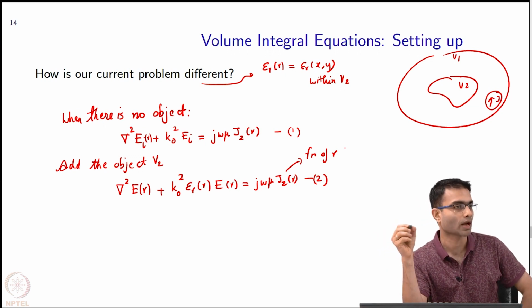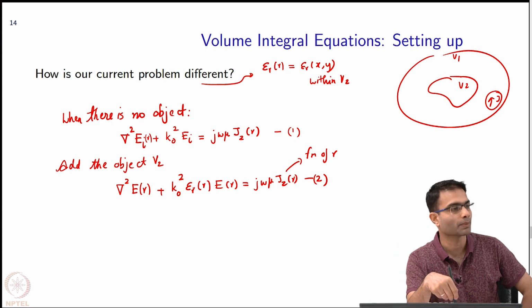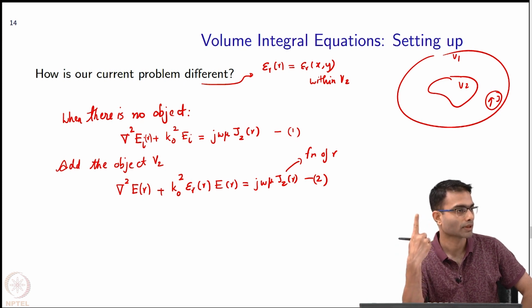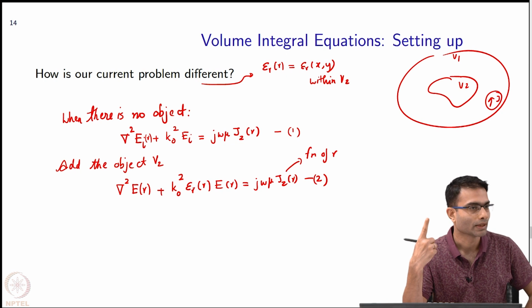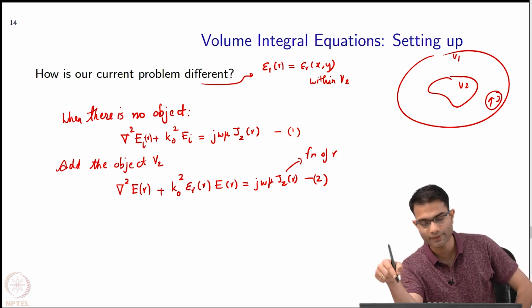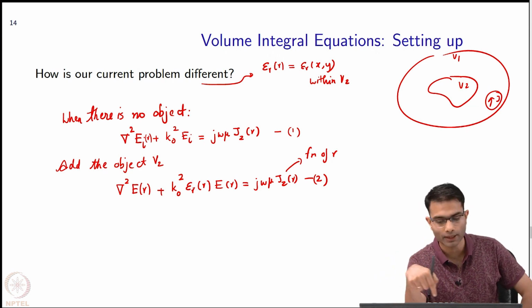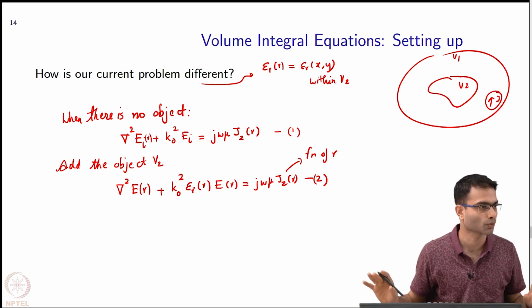Wherever you are asked to evaluate this, take a value of r, let us say r is in V1, then what will happen? Then the relative permittivity will be 1, the relative permittivity of vacuum, and the current source is present. If I take r inside V2, what will happen? I will have relative permittivity different from 1 and the current source will be 0. So both are functions of r now, it is the most general thing.